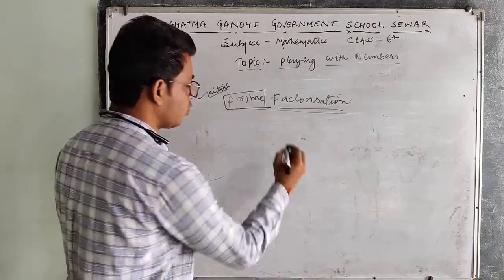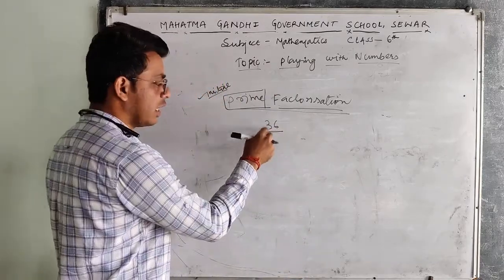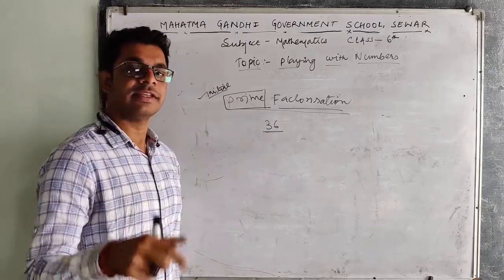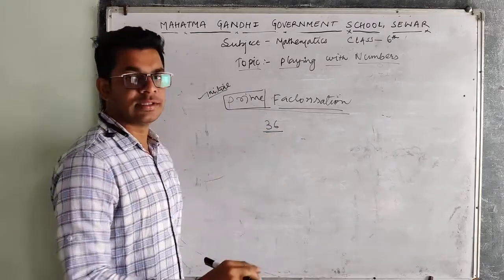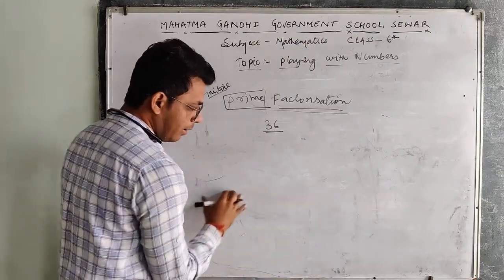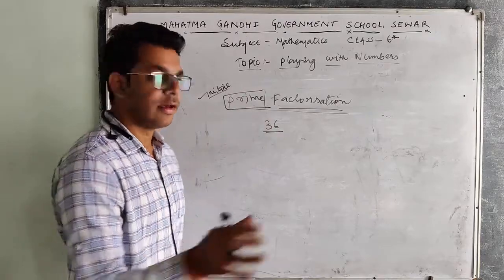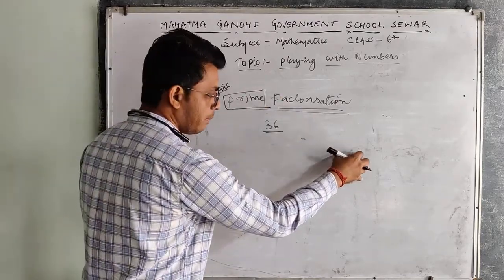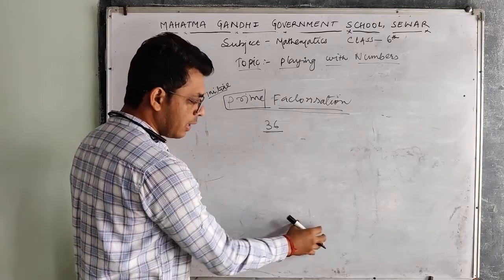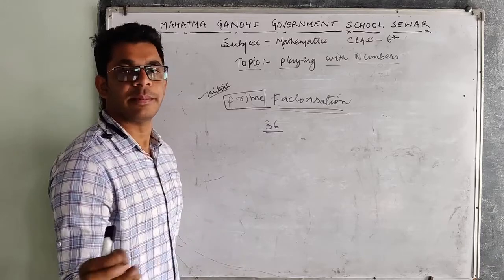If I factorize 36, I can factorize it with several different numbers. But the ultimate number which is prime, prime means from the lowest or from the basic. When we factorize 36 with different numbers, at last we come to the same conclusion if we factorize them completely.